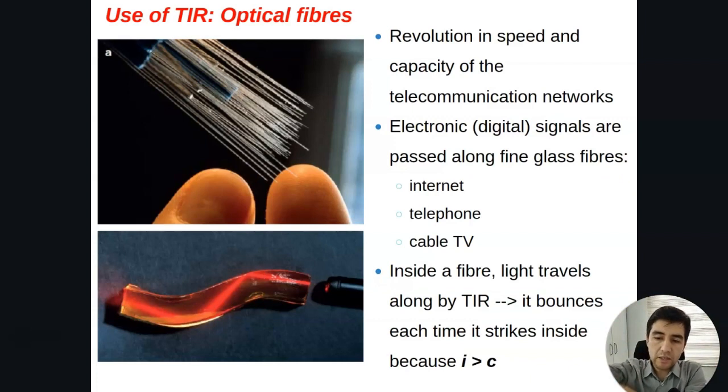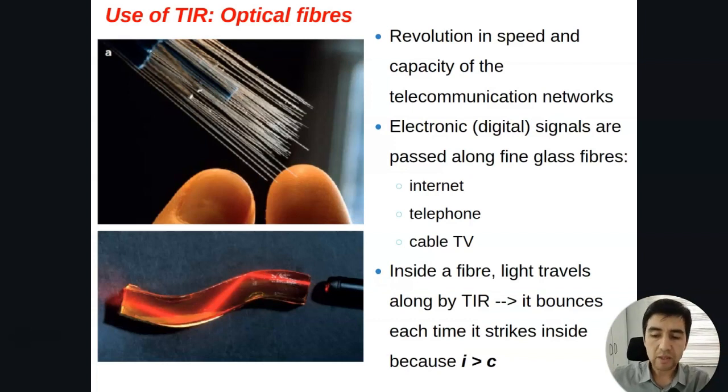Our digital signals are passed along fine glass fibers. Yes, optical fibers are made of glass, and they are thin, long, flexible wires that carry the signal, the message, from one point to another along long distances. They are used everywhere in the internet, telephoning, and cable TV.